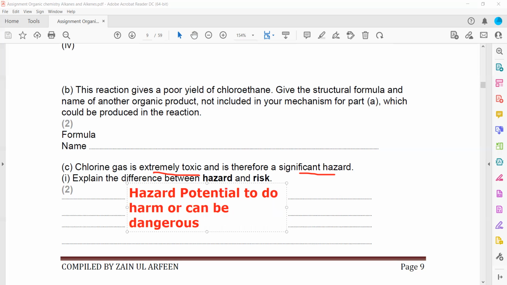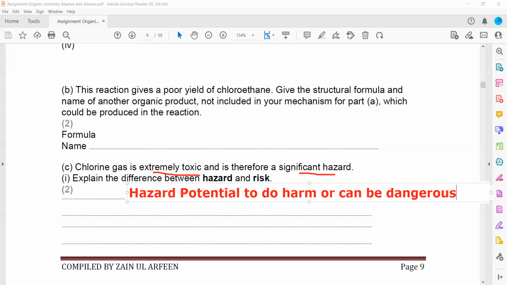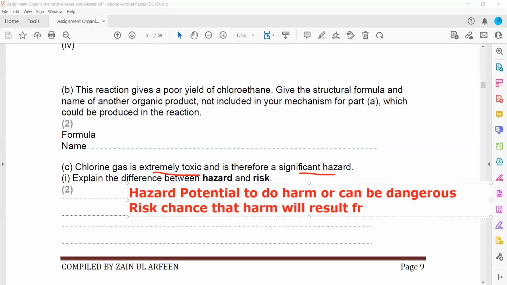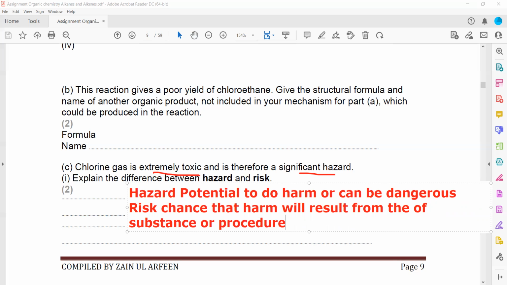But risk is basically the likelihood or probability or chance that harm will result from the use of a substance or procedure. So these are the definitions of hazard and risk.